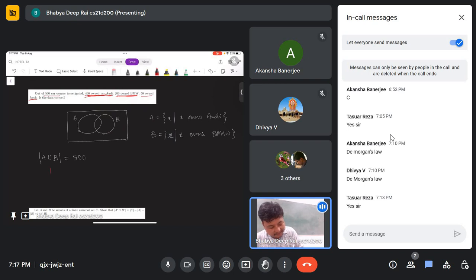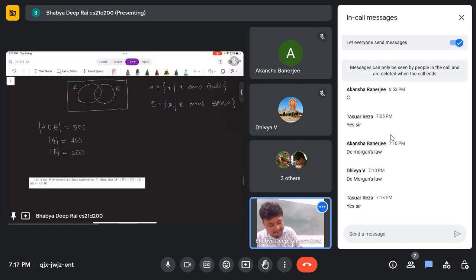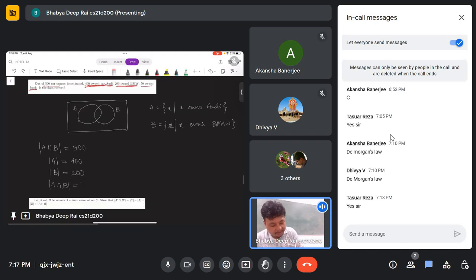So the size of A is 400, the size of B is 200, and 50 owned both. Owning both can be shown by intersection. They own Audi also, they own BMW also. 50 own both.